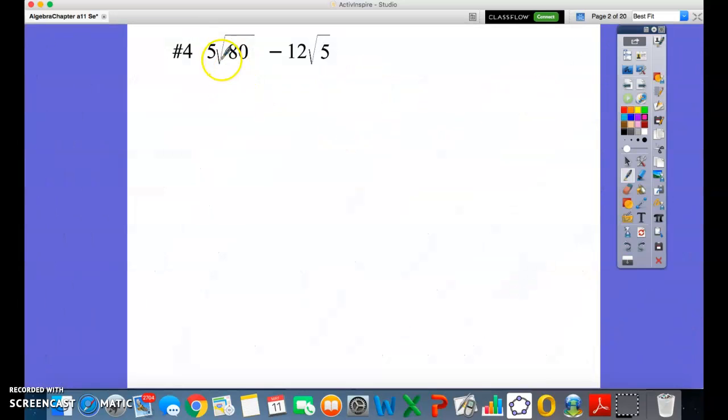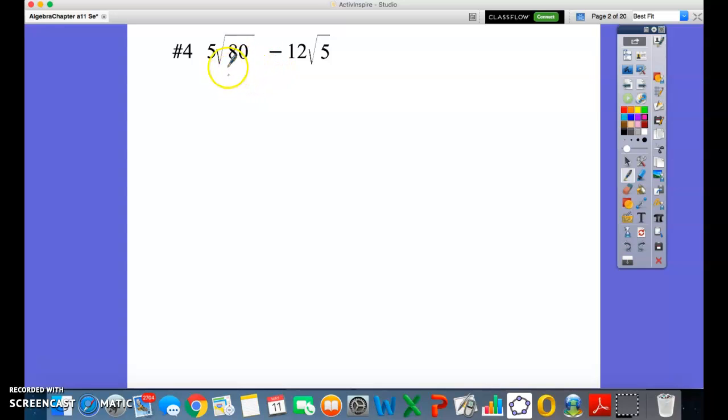So now in this problem, we have 5 square root of 80 minus 12 square root of 5. Square root of 80 and square root of 5 are not like terms, right? So can we make it a like term?